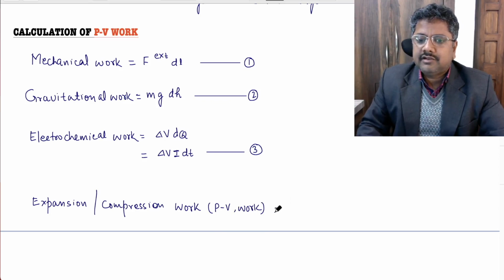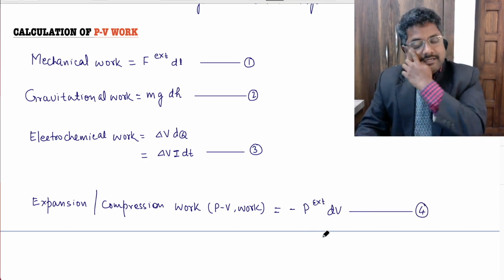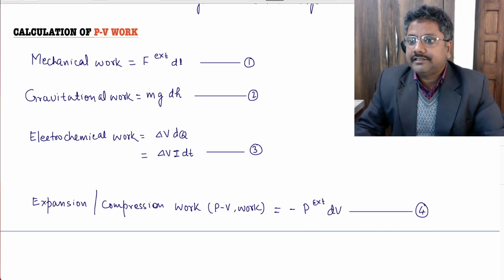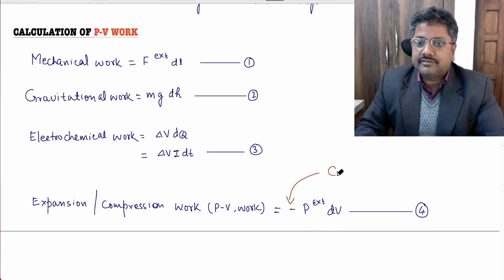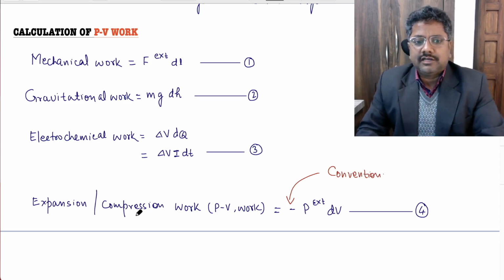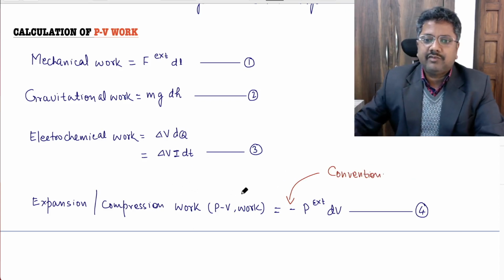This is equal to minus P external into dV. This is a master formula, and this negative sign is basically a convention.